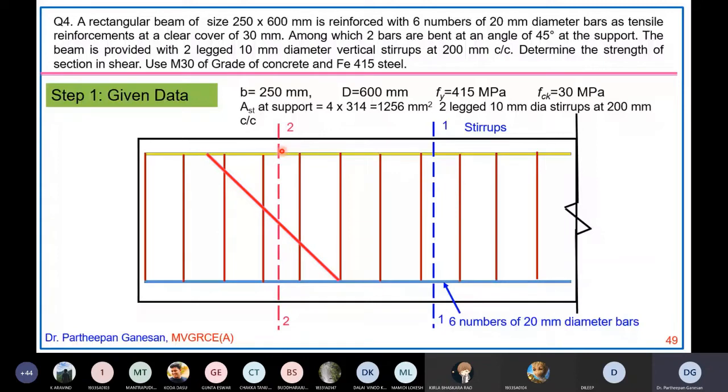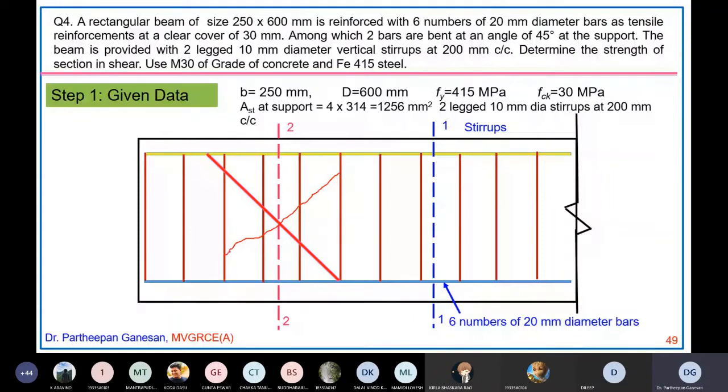You have stirrups, vertical stirrups, and you also have bent-up bars. So here there are two types of shear reinforcement at section 2.2: one is the vertical stirrups, another is the bent-up bars. Because as I told you, your crack will propagate at 45 degrees like this.